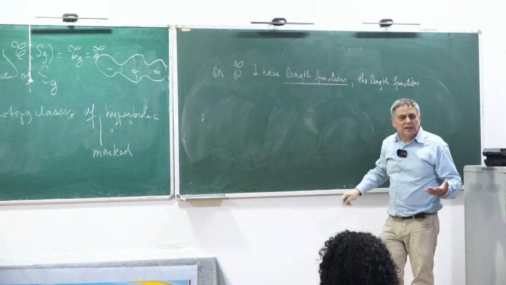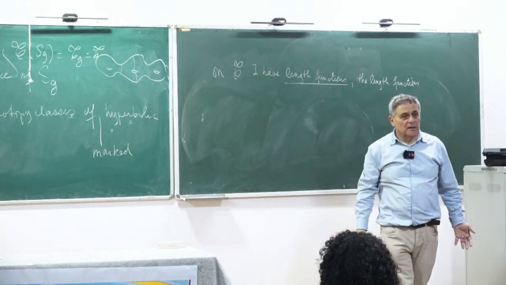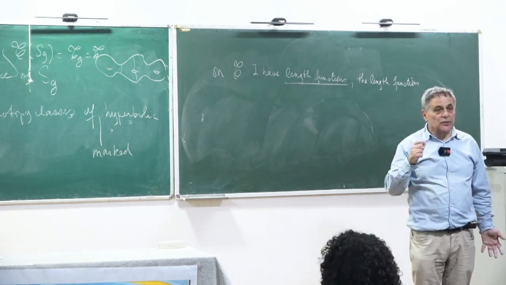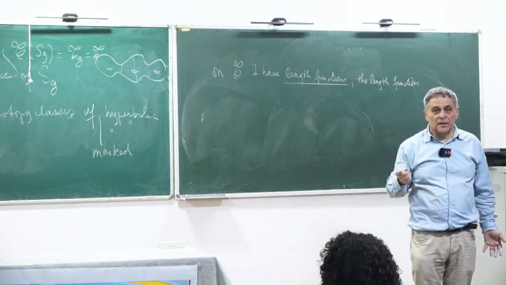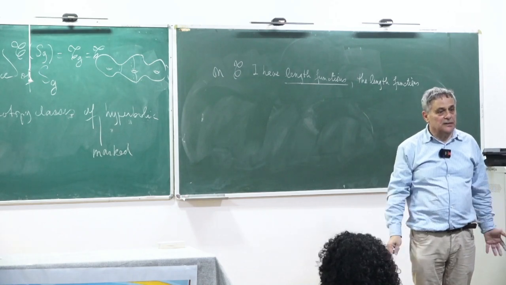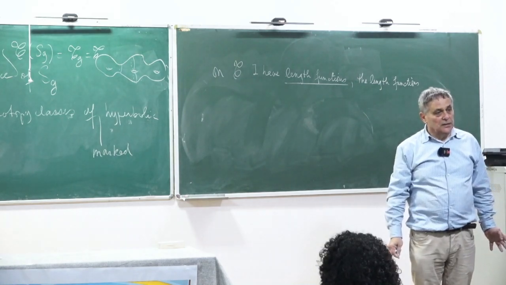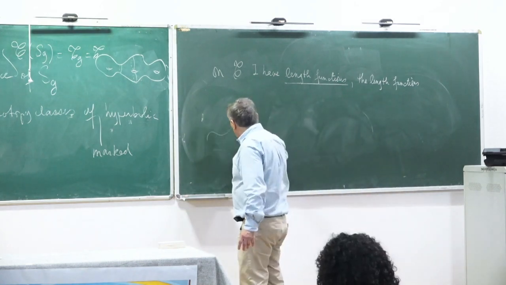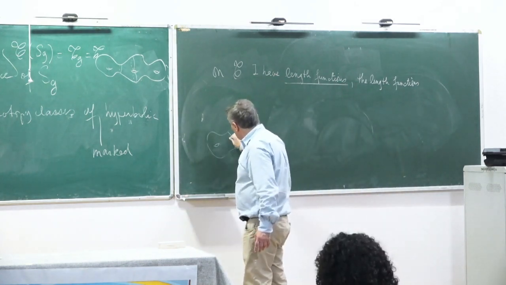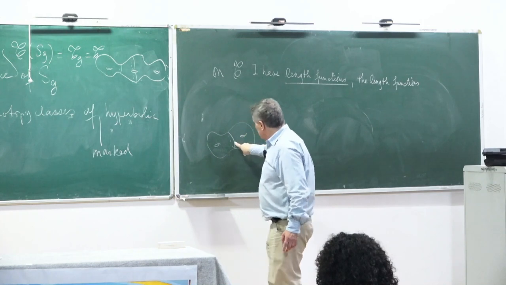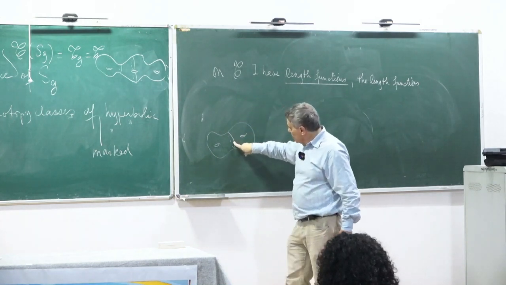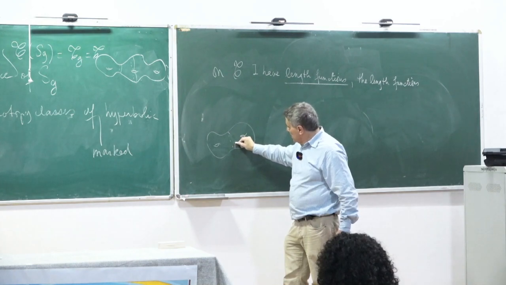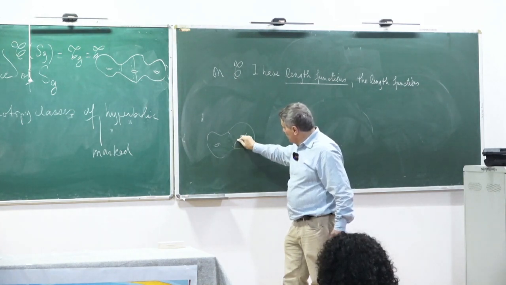How many length functions do I have? I have infinitely many, right? Because I have infinitely many homotopy classes of simple closed curves. You see, as I said, I have my surface. This is a homotopy class of a simple closed curve. Then what I can do here.